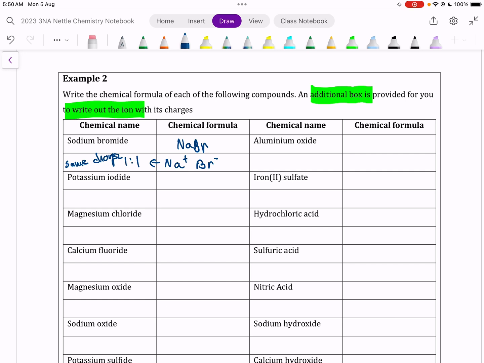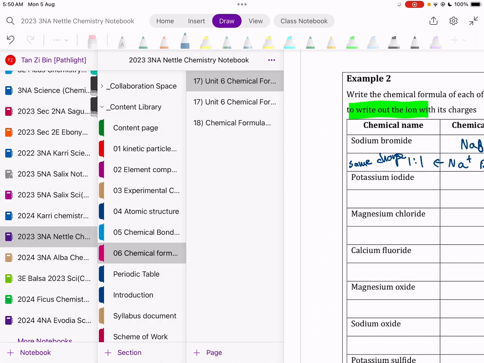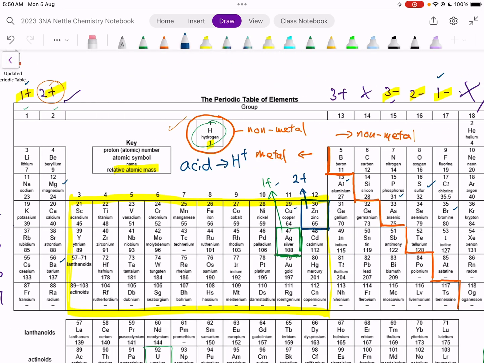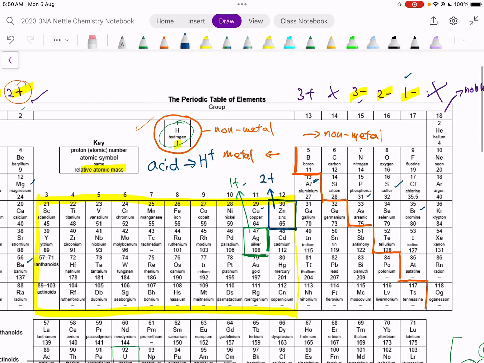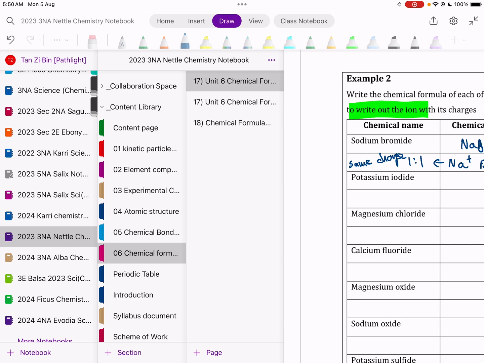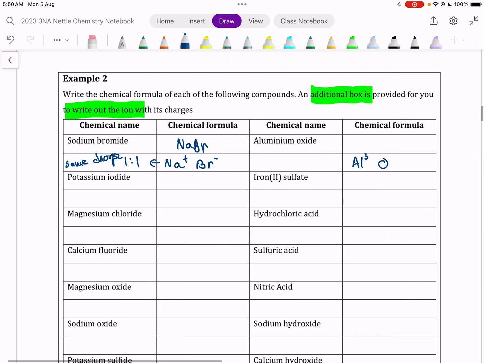So we write down NaBr. Then subsequently you have aluminium oxide, Al, then O. Let's see the charges. Al is over here, O is over here, 3 plus and -2. So this case is Al 3 plus, O 2 minus. You do a crisscross, because different charge.